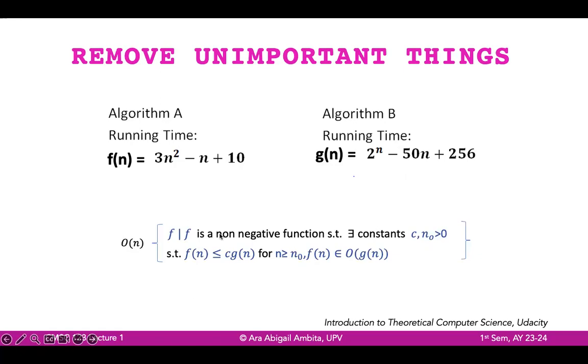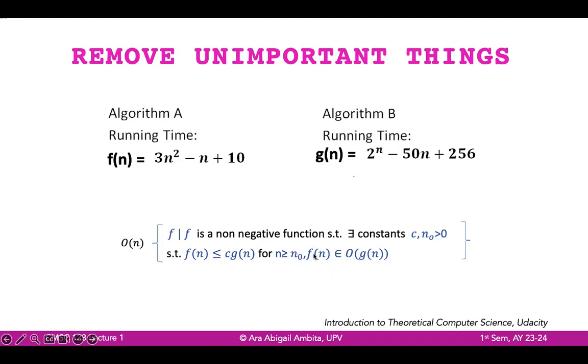So we have this big O notation formal definition. We have a function f such that f is a non-negative function such that for every constant c and initial input n sub 0 greater than 0, the function f of n is less than or equal to c times g of n for n greater than or equal to the initial input n sub 0.